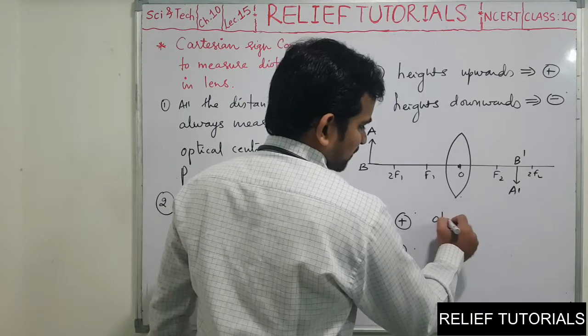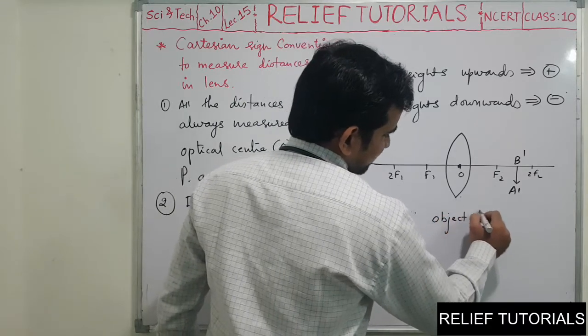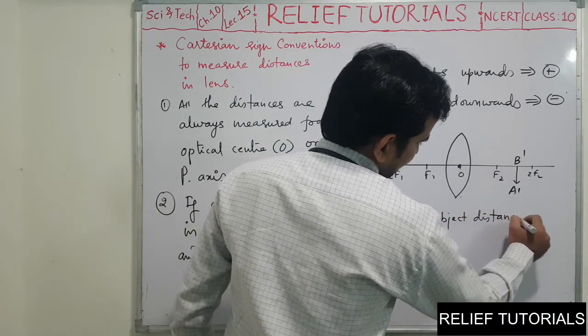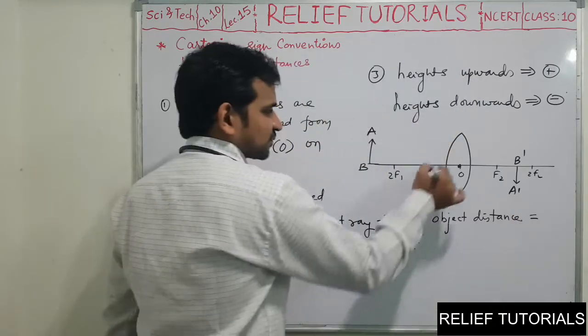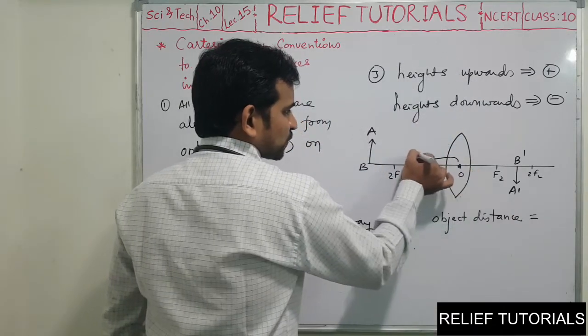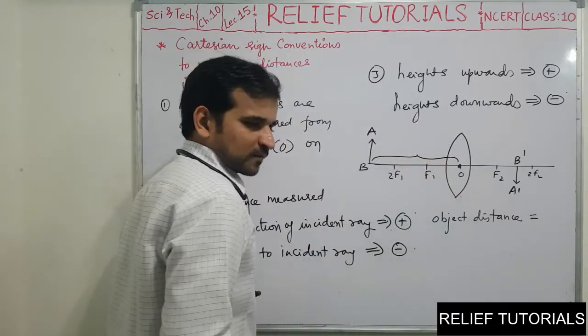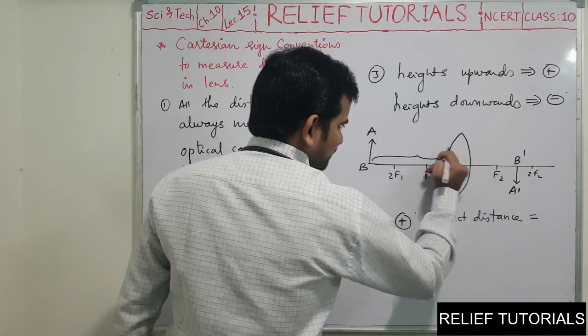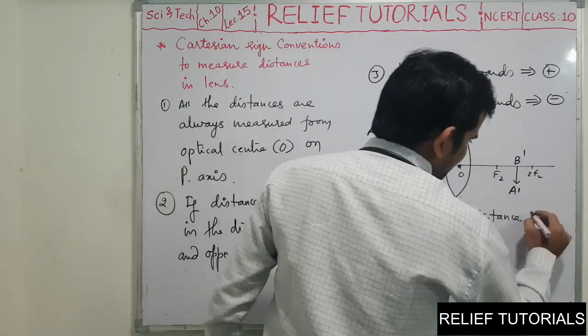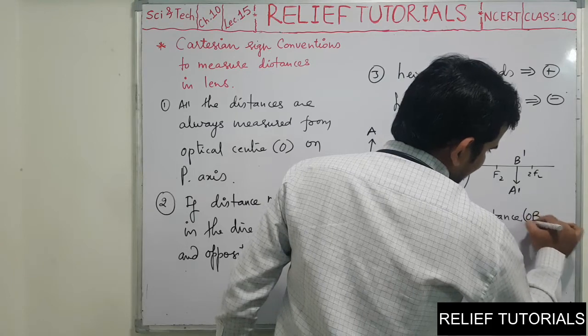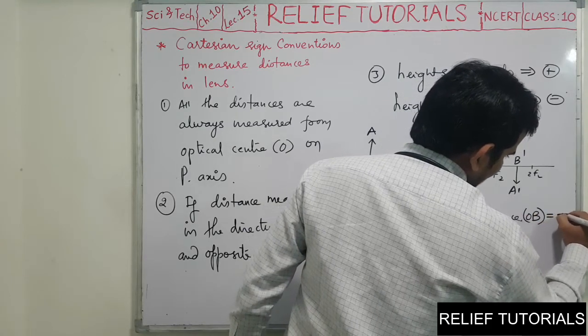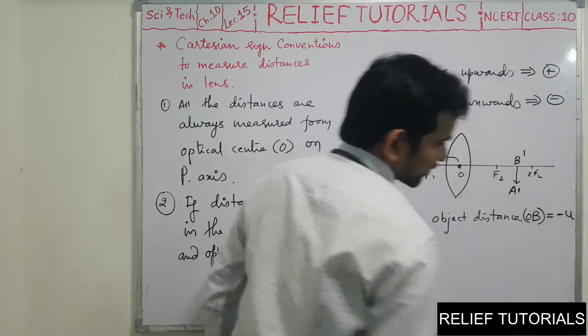Now make a list of all the distances. First distance is object distance. Object distance means O to B distance. So we are going in the opposite direction of incident ray. So object distance OB should be taken as negative. So it is minus u.